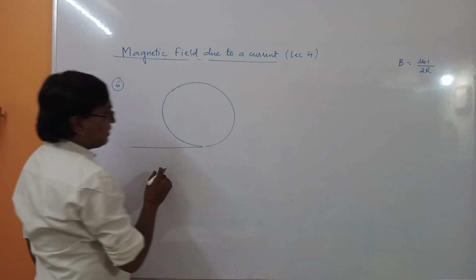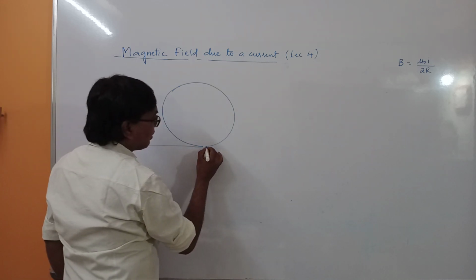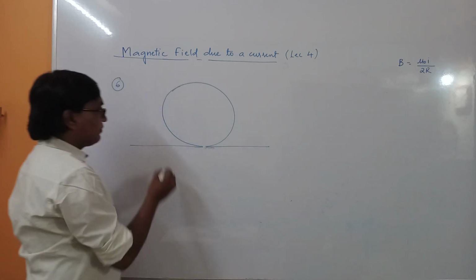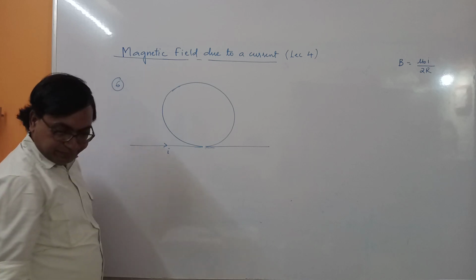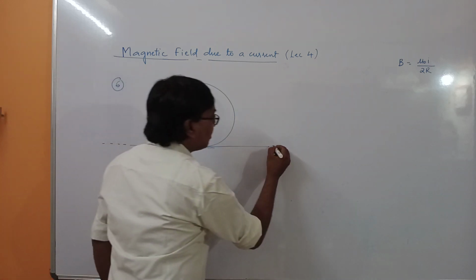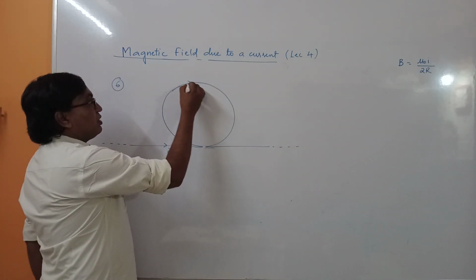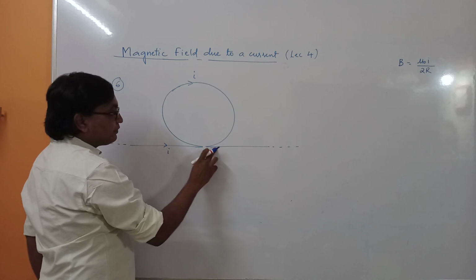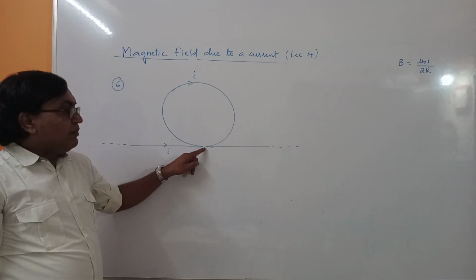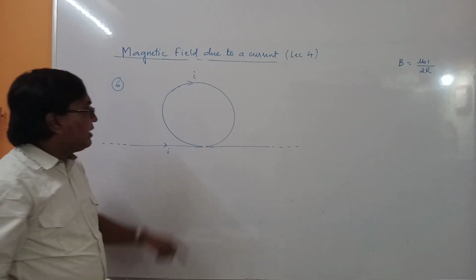One wire is coming like this and this wire is going like this. So current I comes from this direction. This is infinite, this is also infinite length. So this current will flow here. Okay. So there is a small gap. Any magnetic field due to this small missing element can be neglected.